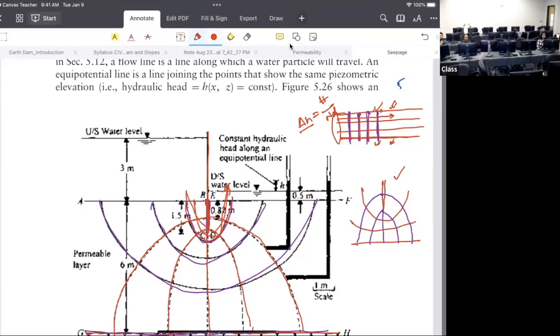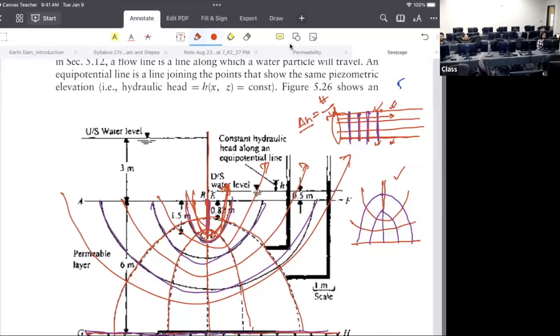This is one pipe: one flow line, second flow line, third flow line, fourth flow line. So you have 4 flow lines. Those are your number of pipes. Got it? So all you have to do is calculate for 1 and then multiply by 4, the number of flow lines.